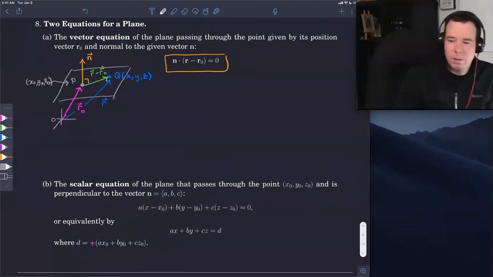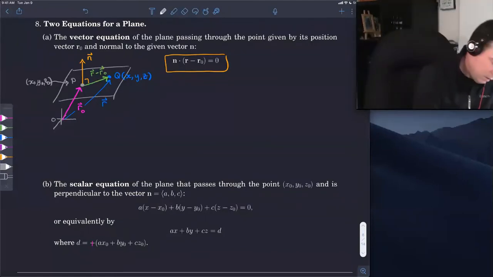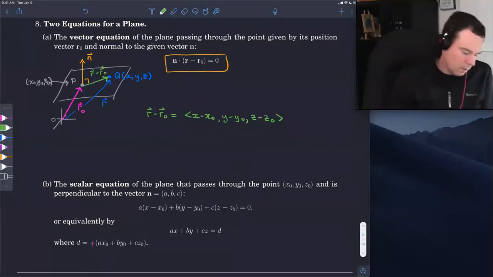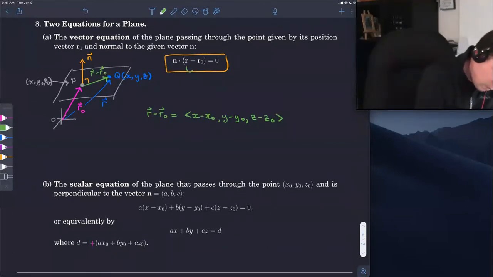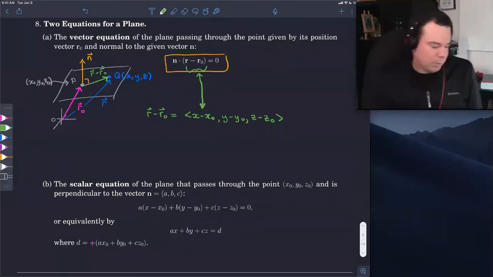So that's our point P. In which case our vector r minus r naught would be x minus x naught, tip minus tail, y minus y naught, z minus z naught.